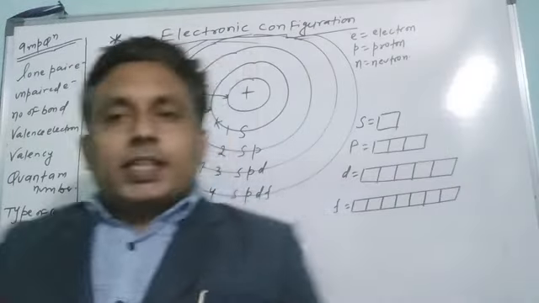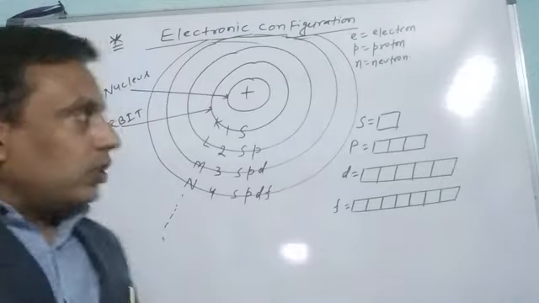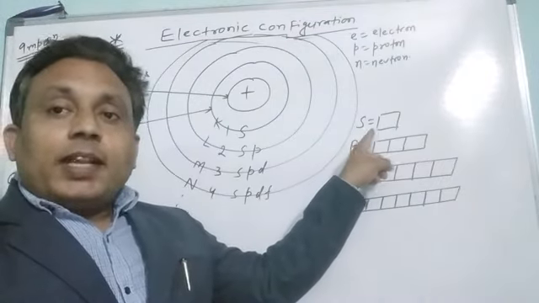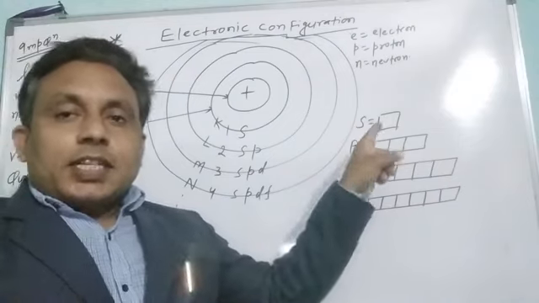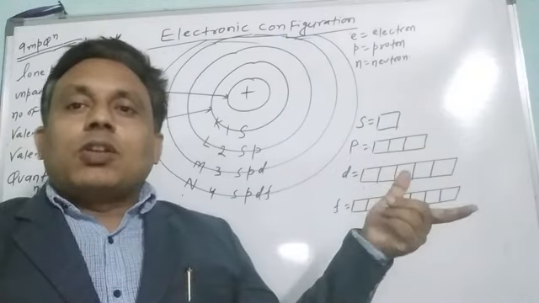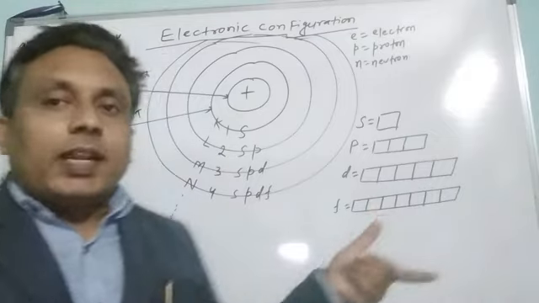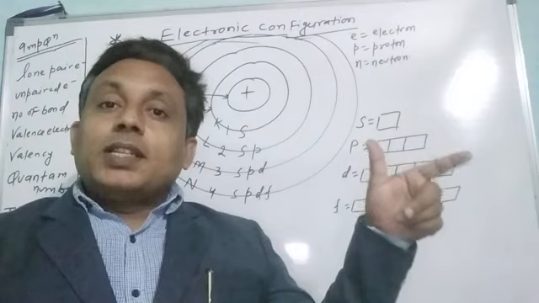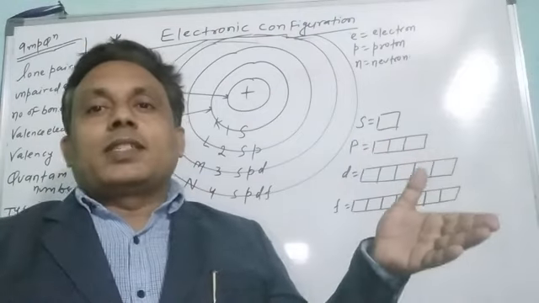In the S orbital, only one suborbital is present. The space where an electron is present is called an orbital. In an orbital, the electron is mainly found in suborbital space.